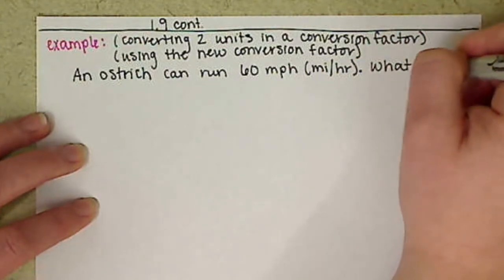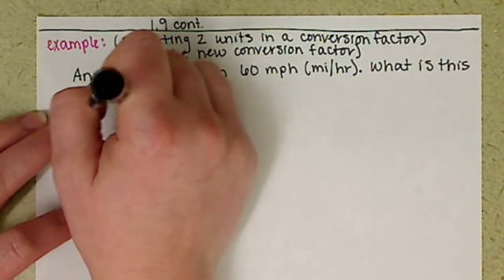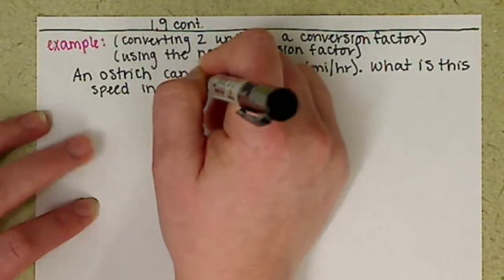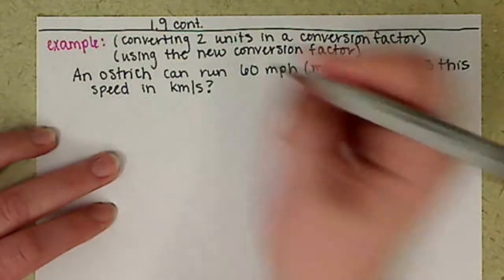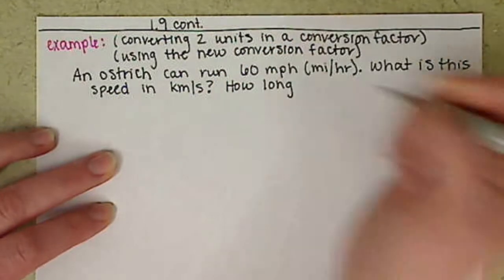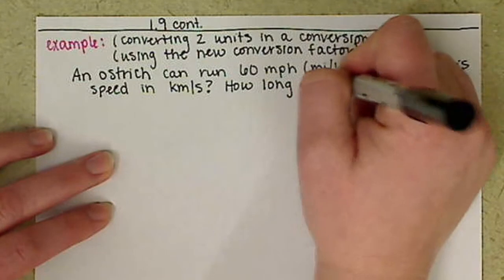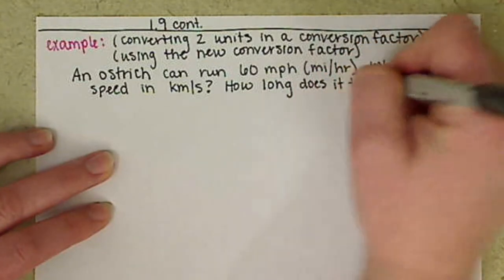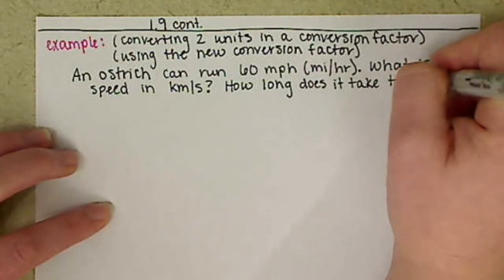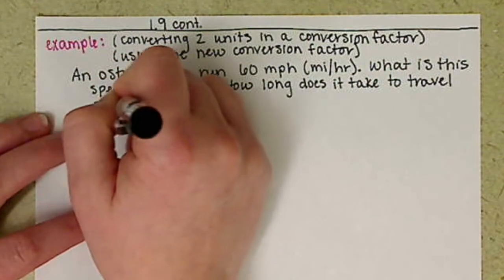What is this speed in kilometers per second? How long does it take to travel, let's say, 50 meters?